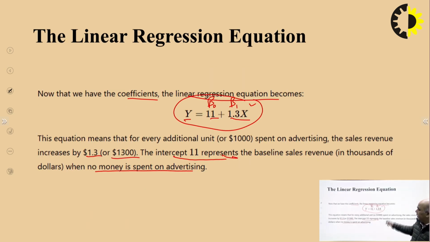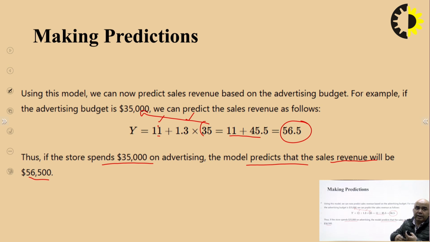Now we apply those input values, whatever output we received for beta naught and beta 1, we put them there. Now if we want to know how much money we have to use, and what the sales will be, or how much profit we are going to get.